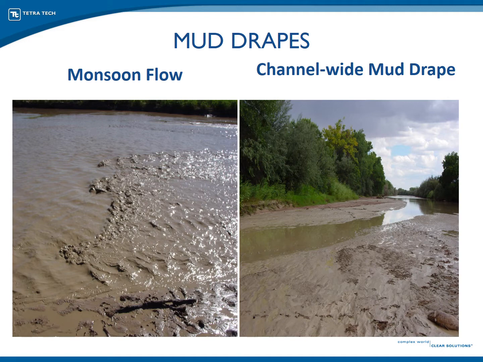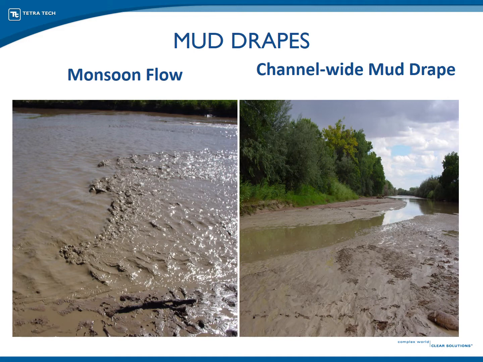Up here, Tonque, some of the other arroyos, the Albuquerque arroyos, Arroyo Puerco, and then the east side tributaries down below. The right-hand picture here happens to be in San Antonio.